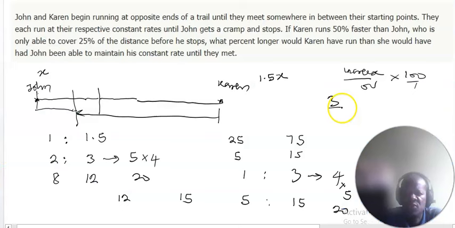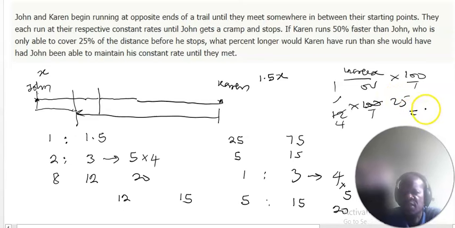The original value is 12. That means we are going to have 3/12 times 100/1. So this is 1 and this is 4, which ultimately gives us 25%. So she will be able to cover 25% more distance. So our answer will be 25 for this particular question.